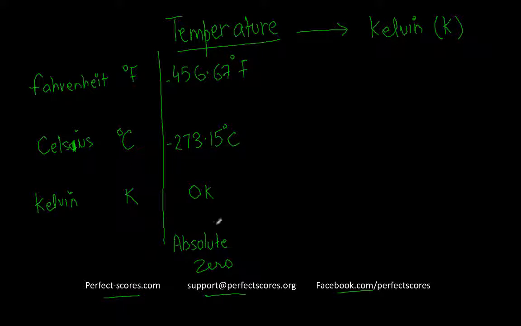You don't need to remember all values, just try and remember the values of Kelvin, and you should know how to convert from Kelvin to Celsius, which is going to be the next thing we will do.